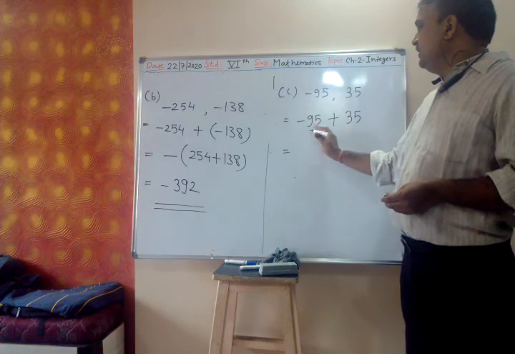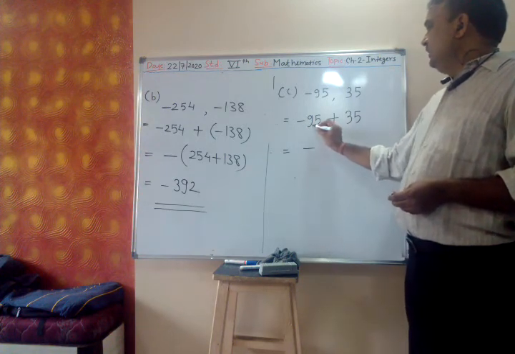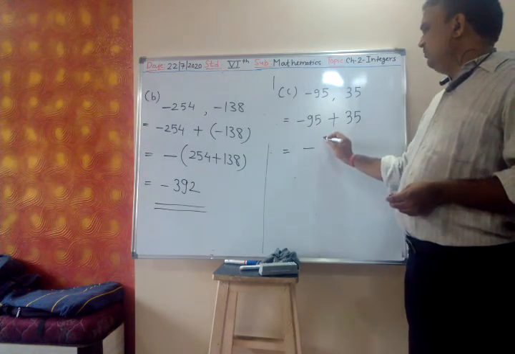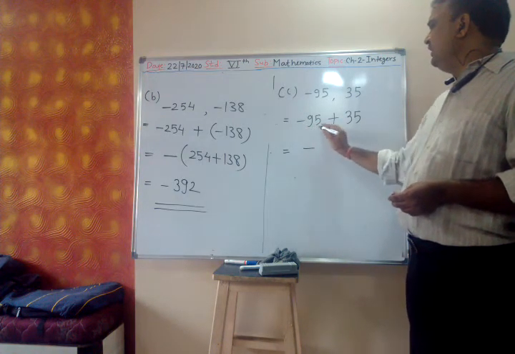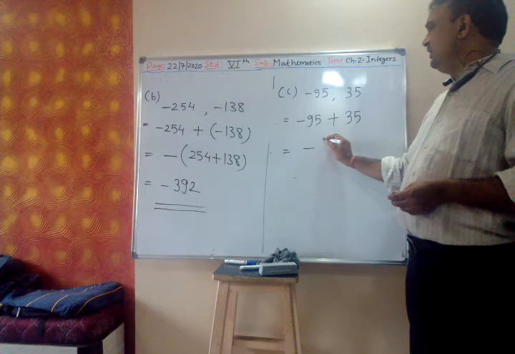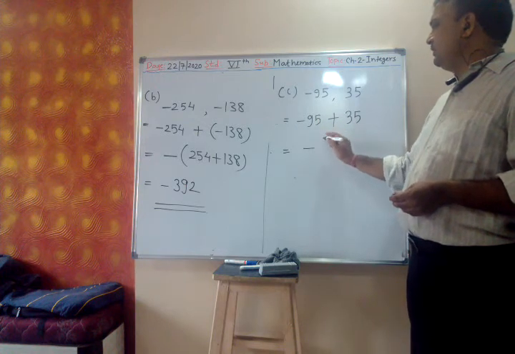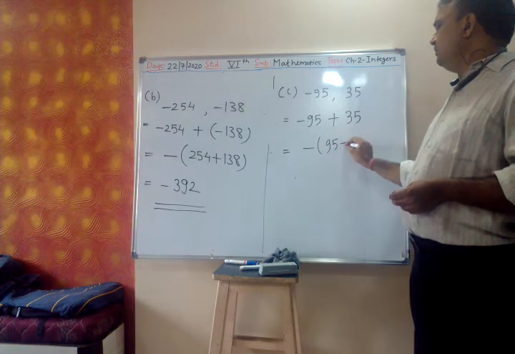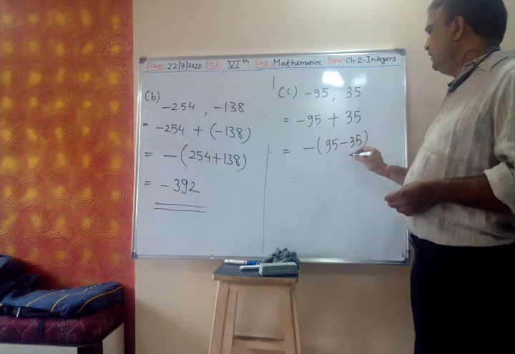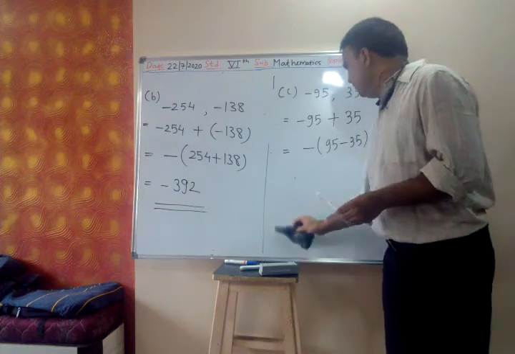Bigger number is minus 95. So minus 95 minus 35. We have to subtract and take the sign of bigger number.